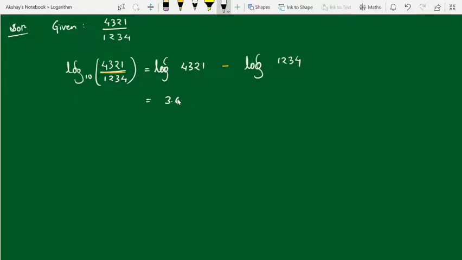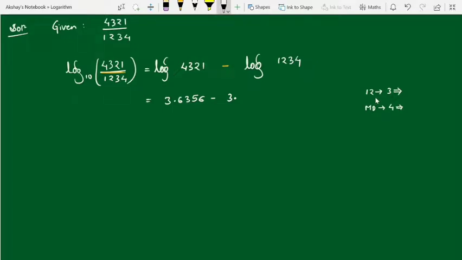3.6356 minus log of 1234. We have to cross check. So characteristic, first you tell me, 3. After that you have to place the decimal. Next, from the table, 12 under 3, check what is the value, and in that, the mean difference value for 4. You just check what is the value.